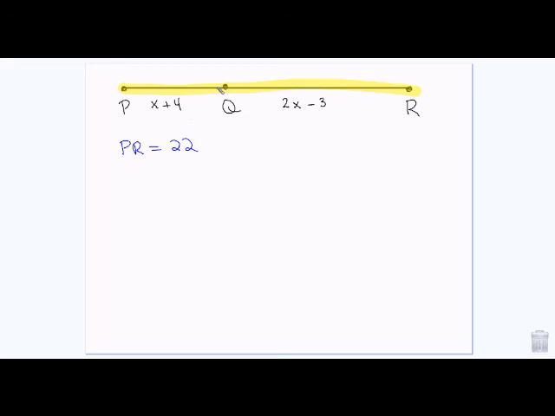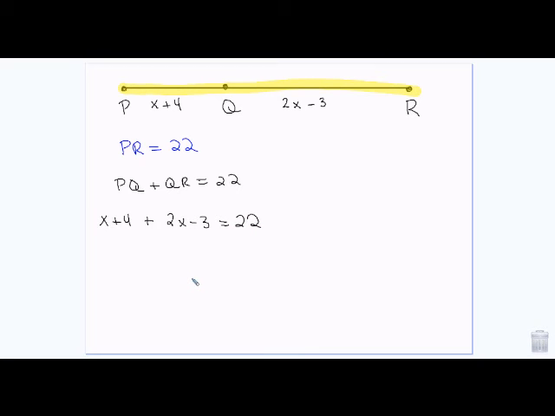So that means PQ, this part, plus this part equals 22. So I'm going to write that PQ plus QR equals 22. Right? Part 1 plus part 2 equals 22. Hopefully that'll help. Well, PQ is x plus 4, and QR is 2x minus 3.